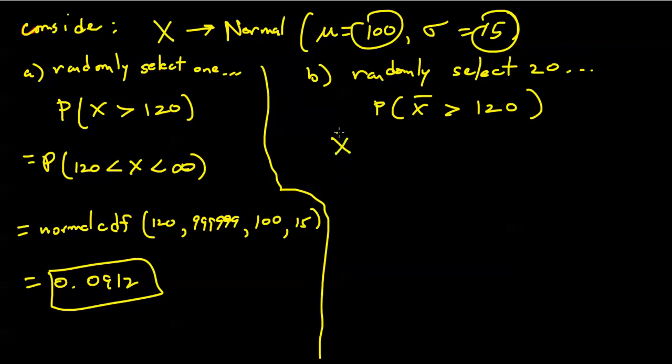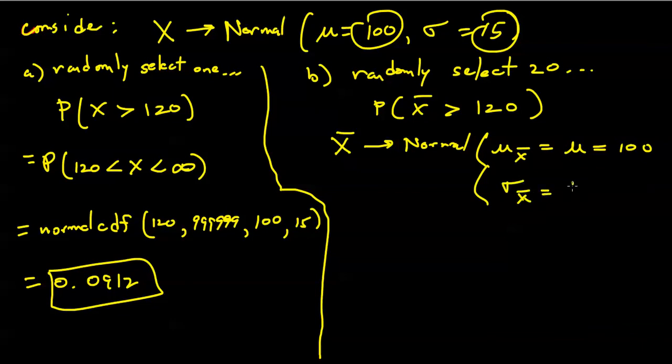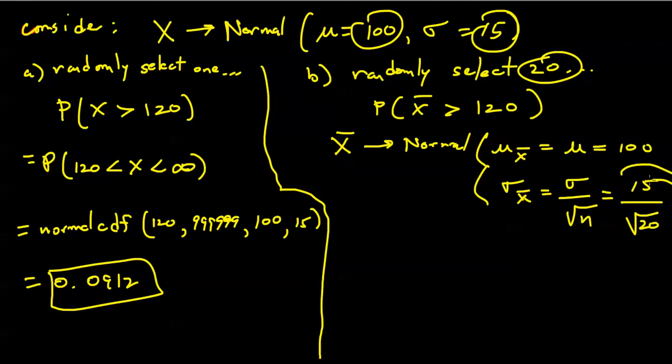Because we know sample means are also normally distributed with a mean that equals the population mean, which is given to us as 100, and the standard deviation of the sample means is your original SD divided by the square root of the sample size. In this case, the original SD is 15, and your sample size is 20. So I have to divide by the square root of 20 to get my new SD.